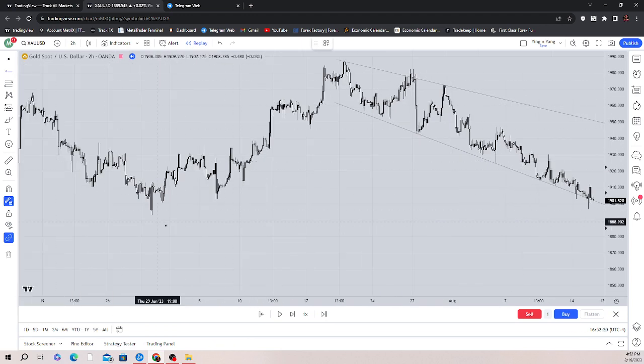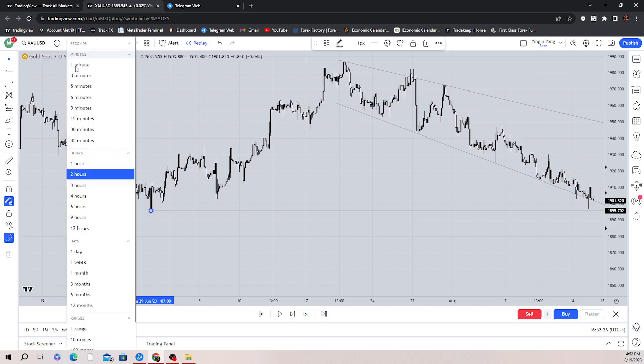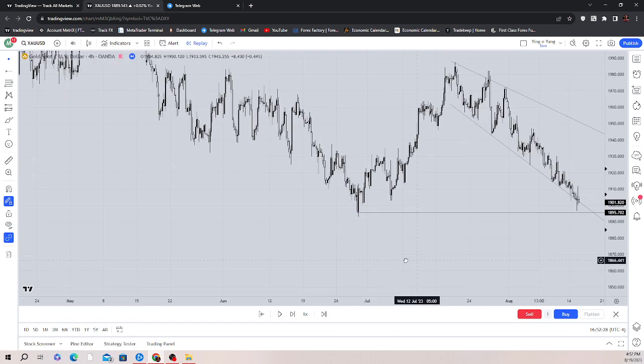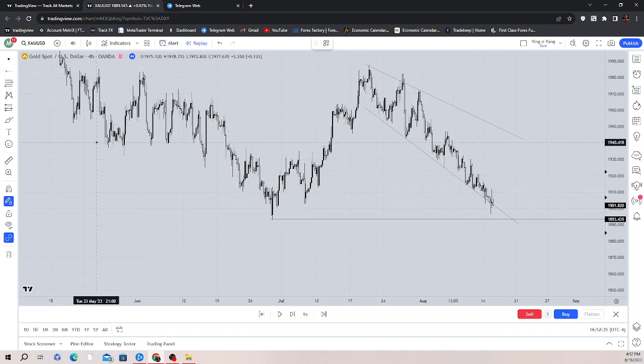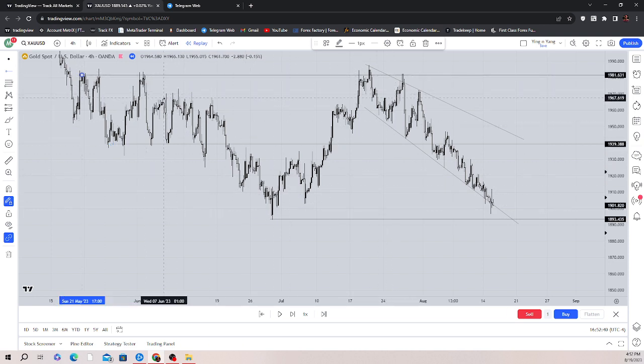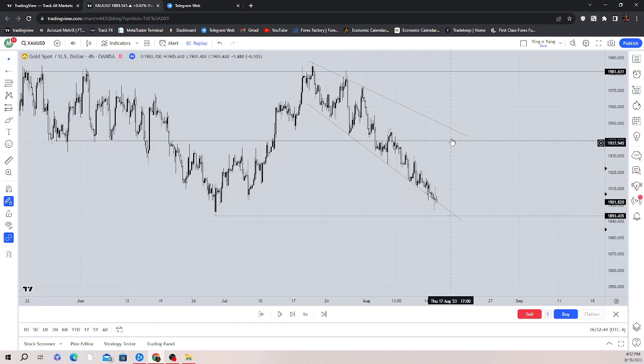Once you understand how to put all of these different components together, it actually gets very simple. The complicated part is us, our perception of it, our actions, breaking rules, things like that. What we're going to do right now is just mark up gold like I naturally would. We're going to identify some areas of interest, some basic support and resistance, and then look at essentially what made me decide to go for gold shorts.